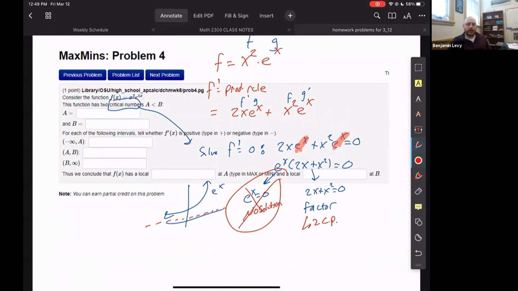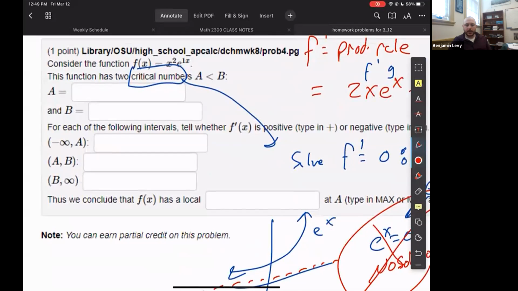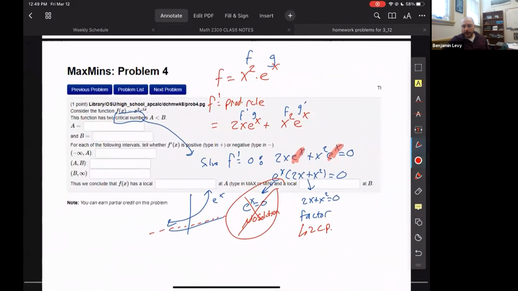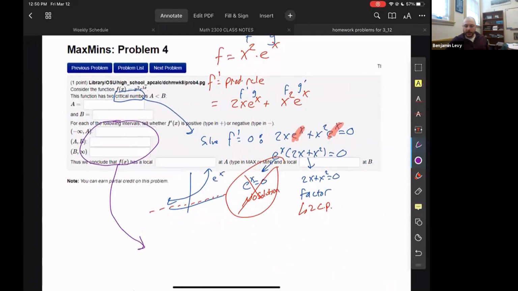So notice the second part of the question. The second part of the question is, on what intervals is the function increasing or decreasing? Or on what intervals is the derivative positive or negative, which is the same thing as saying increasing, decreasing. So for that problem, you're going to get critical points from the first part, right?